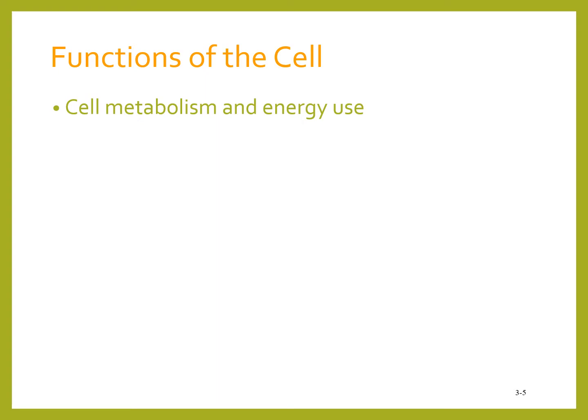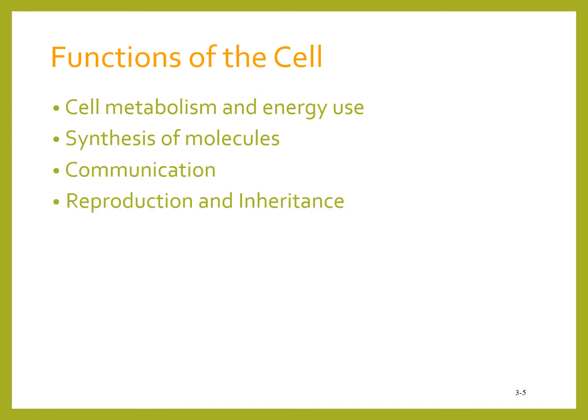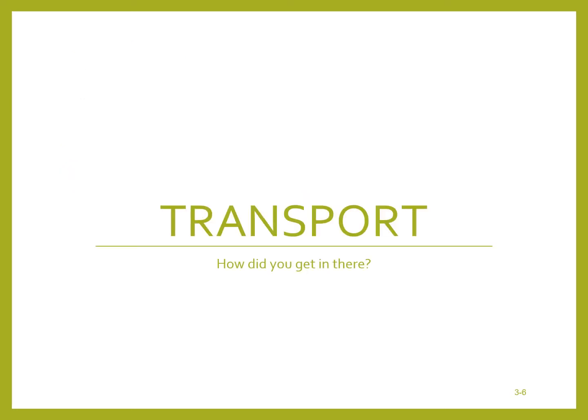So the function of cells: metabolic and energy use, synthesis of molecules, communication, reproduction and inheritance, transportation. So how does that all get there? I went through that previous stuff really quickly because, well, it's something we talked about last week.